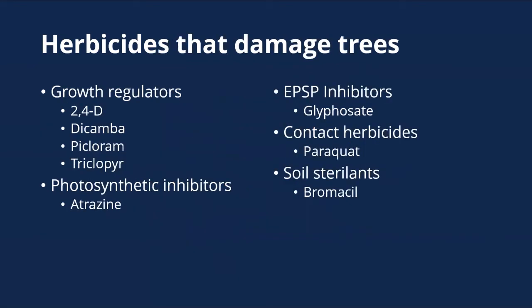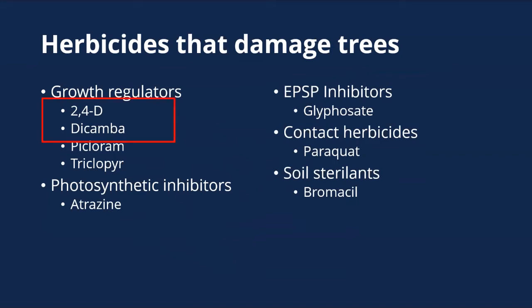There's a bunch of herbicides that will damage trees out there. Growth regulators, photosynthetic inhibitors, enzyme inhibitors, contact herbicides, soil sterilants, a lot of different ones out there that do commonly damage trees.